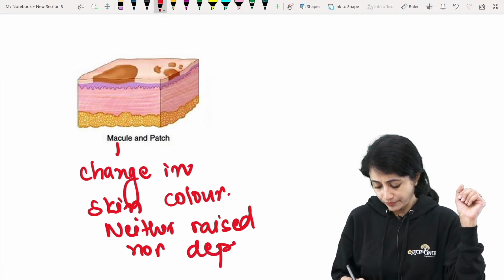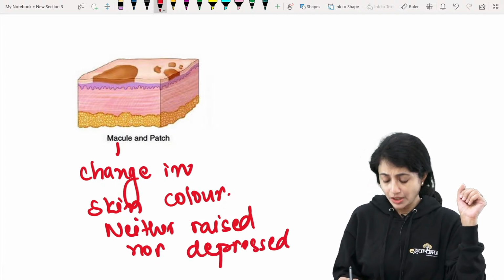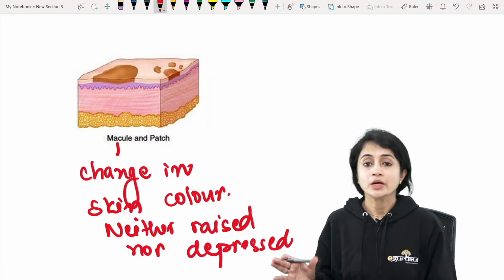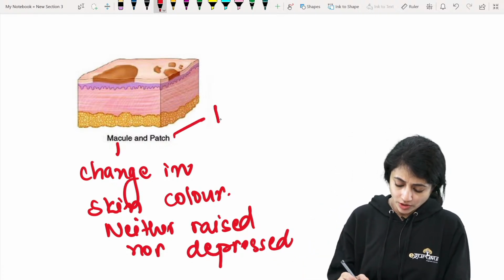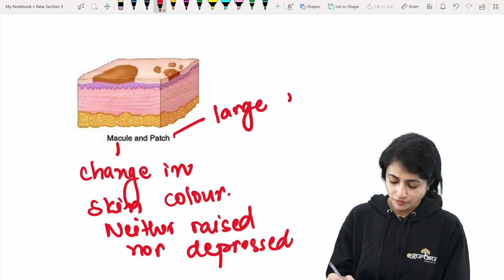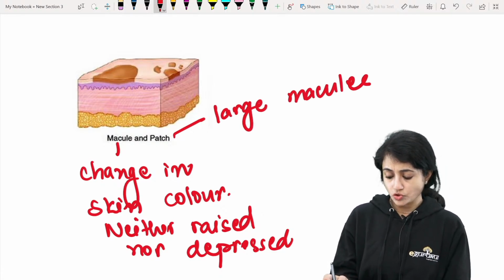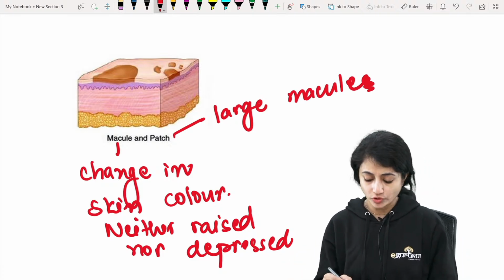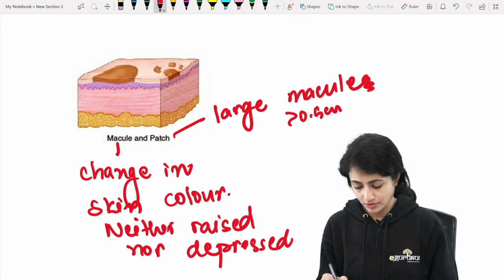And a large macule is called a patch. We hardly use this term now, but you should be knowing a large macule is called a patch, usually more than 0.5 centimeter in size.